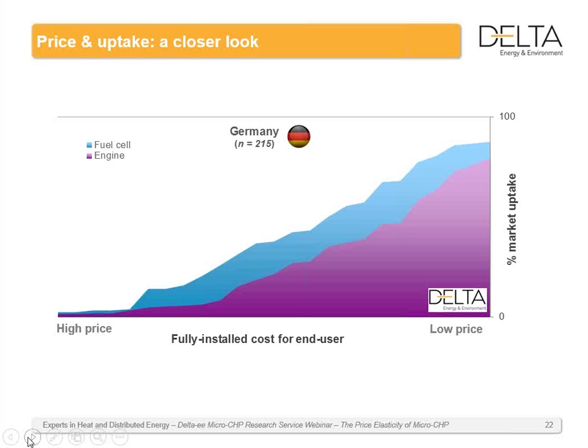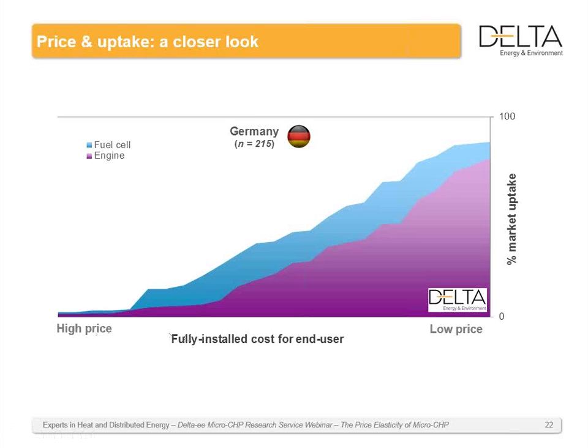Thanks, Kate. Spot on, and we appreciate that the costs aren't given on the axis here. To give attendees today an idea of what we're talking about, if you know the German market, current fully installed costs on the horizontal axis, if you look just above the word fully, that's where we are about today.